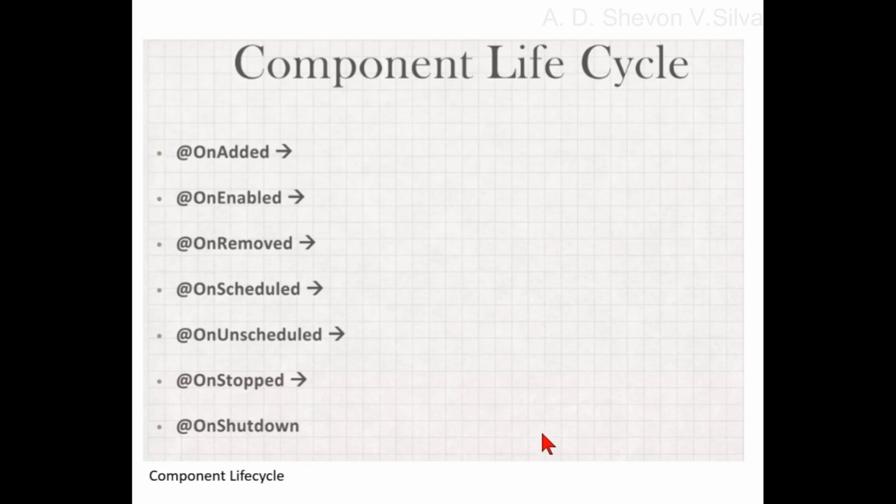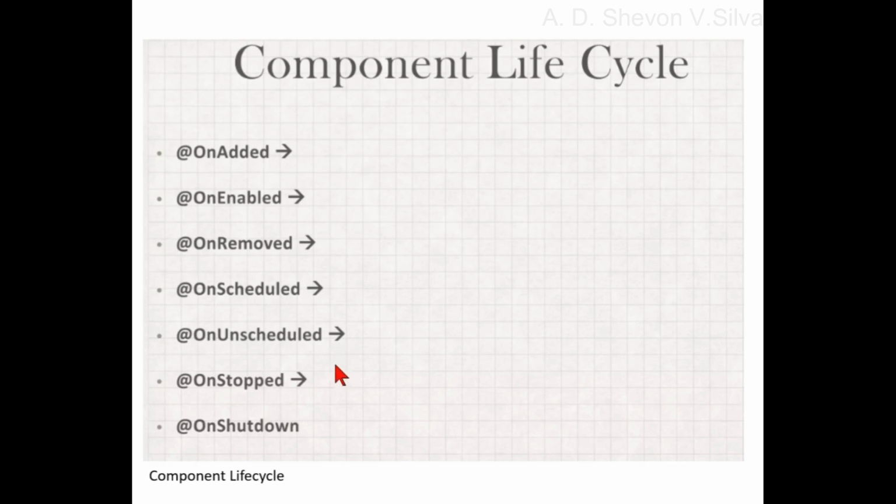Annotation type OnStopped. A marker annotation a processor or reporting task implementation can use to indicate that the method should be called whenever the component is no longer scheduled to run. Methods marked with this annotation will be invoked each time the component is stopped, and will be invoked only after the last thread has returned from the onTrigger method.